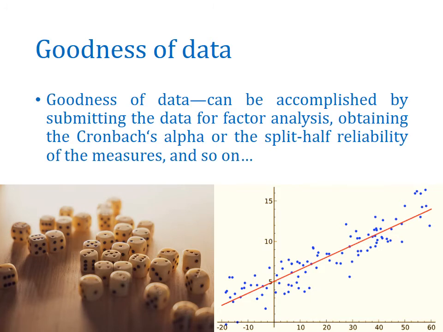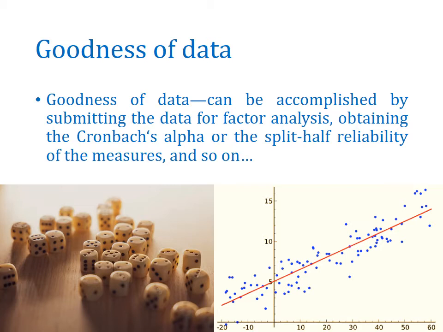The second most important objective of data analysis is goodness of data. Goodness of data refers to the data when a researcher submits the data for factor analysis, obtains the Cronbach's alpha, and checks the split-half reliability of the measures.